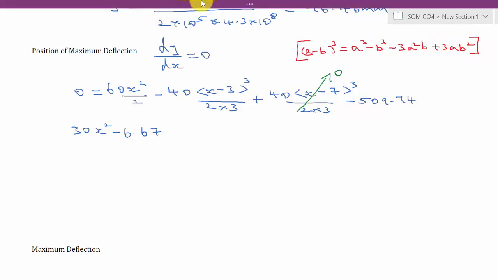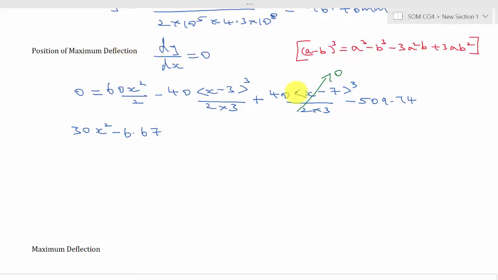So I am going to write it like this. So it is x cube minus b cube. 3 cube is 27. Then minus 3a square b, that is 3x into 3 square, that is 9x square. Then plus 27x.